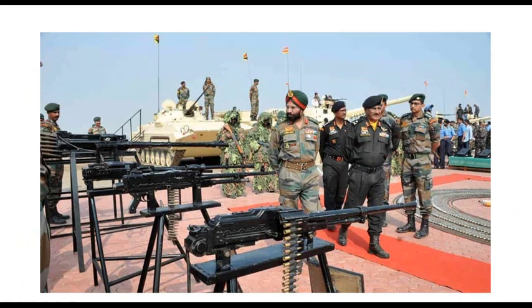The KK firing ranges allow army people to practice with the tanks, the missiles, the machine guns, all the infantry rifles. They can practice these big weapons. They can put the missile into the tank, and then they can fire the missile from the tank. It's a place in Ahmednagar where they do this.